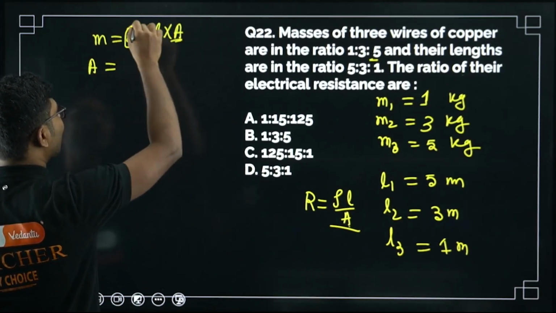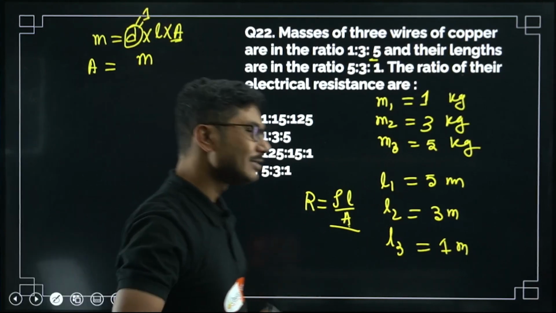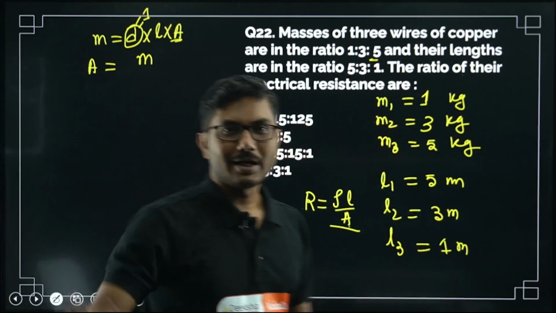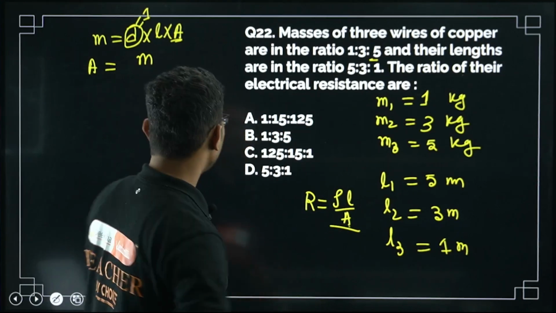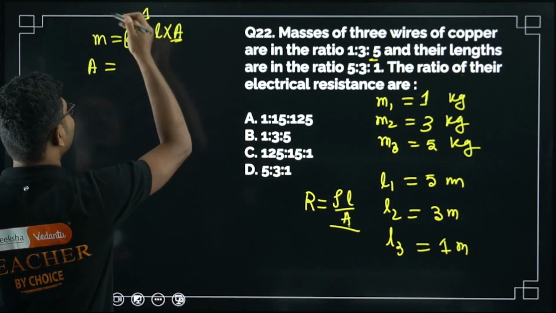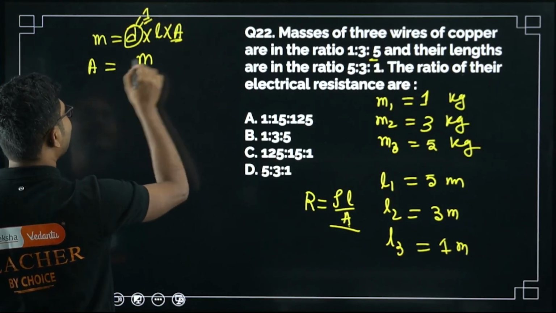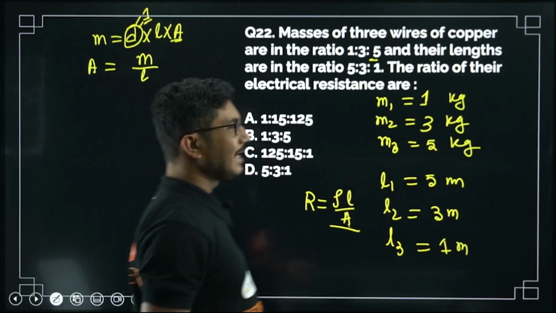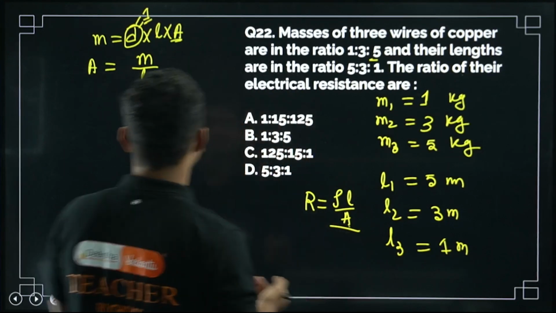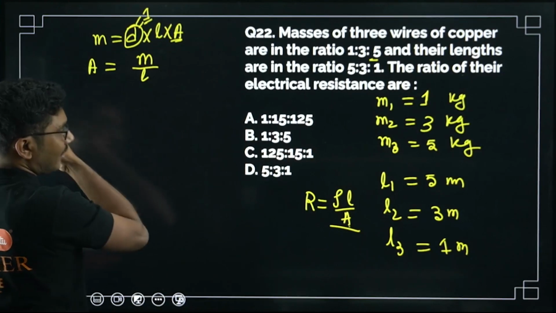Now I am doing one more cheating. I am taking this density to be 1 as well. Density is constant, so any constant while solving objectives, we can take to be 1. That is the cheating I am doing. So assuming density is 1, area is basically M by L. Now let's see what will happen for this formula.